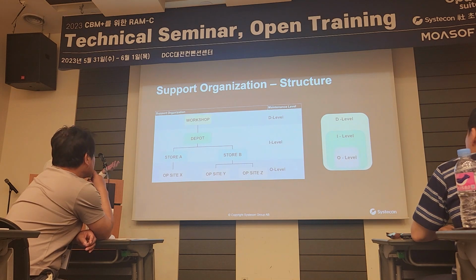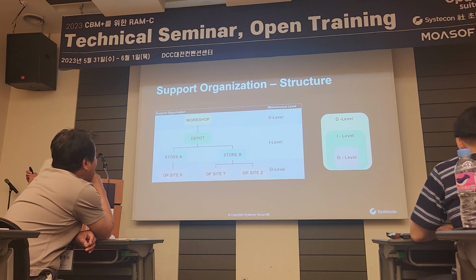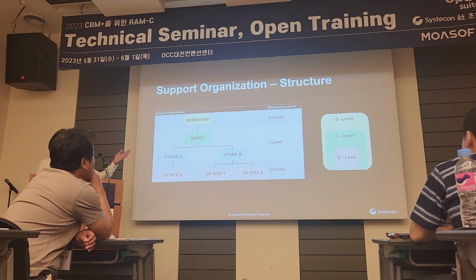What is built in the model, however, is some inclusiveness in the hierarchy. You remember we said the different maintenance levels got numbers 1, 2, 3, 4, 5, depending on how many maintenance levels you have. And that means that you can perform O-level tasks at an I-level station, but not the other way around.